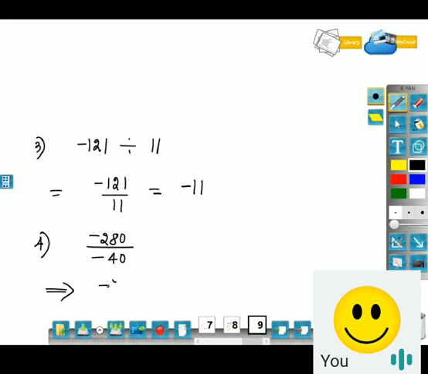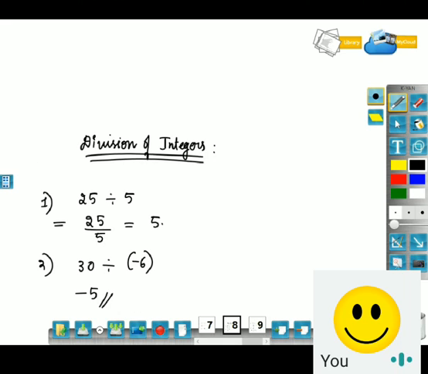So 280 divided by minus 40, obviously the minus signs will cancel and it will become plus. The zeros cancel, and 28 divided by 4 is 7. Most of you got the correct answer. Now you can see we have taken 4 different examples. The first example was 25 divided by 5, where both the integers are positive.